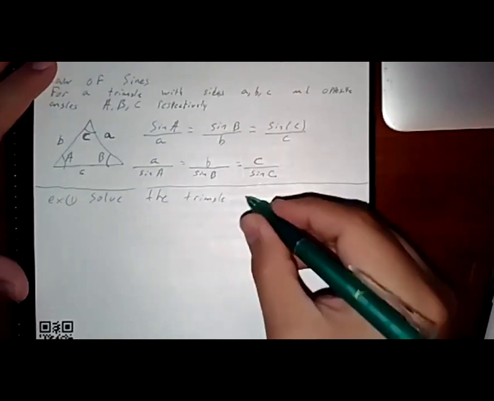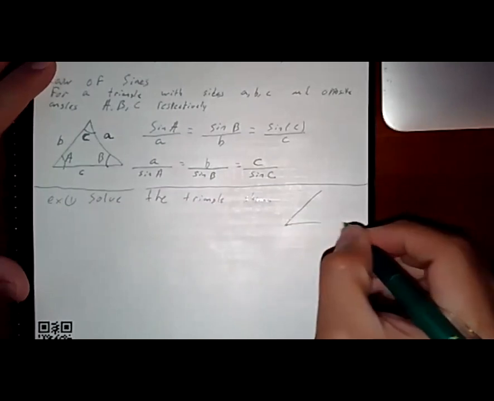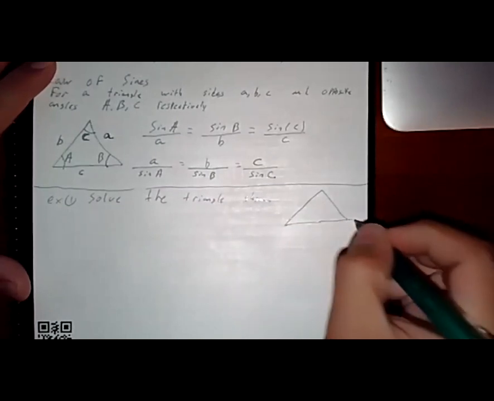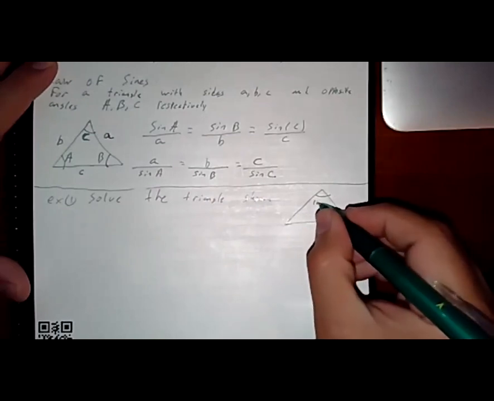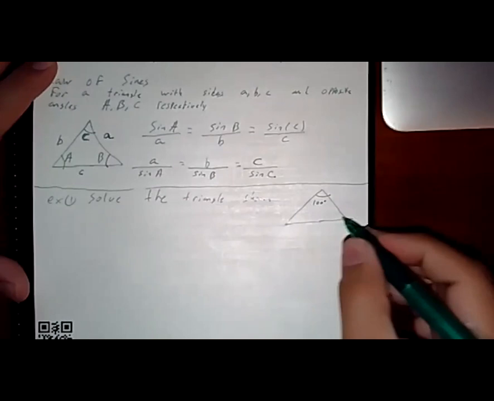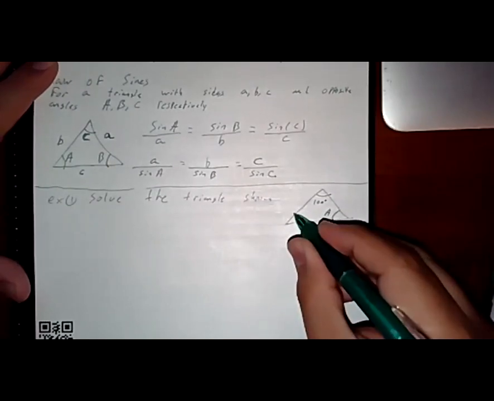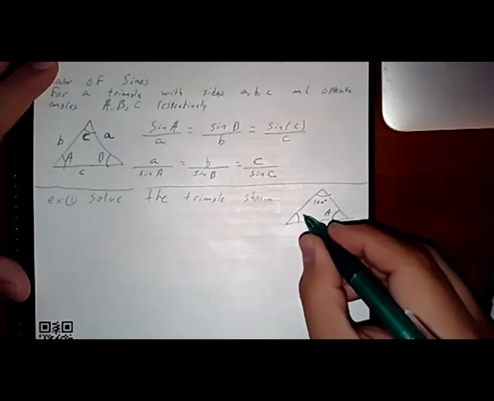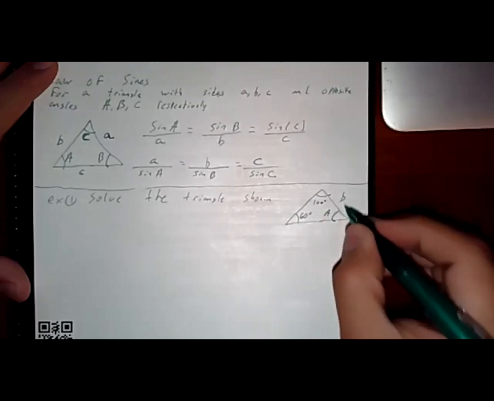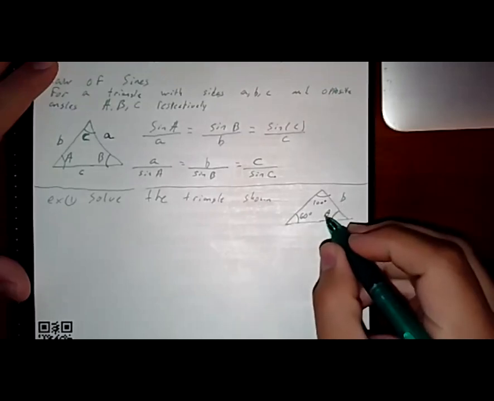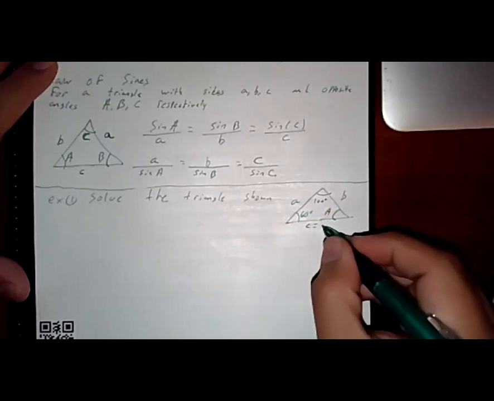So in this example, I'm just going to give you the picture. Because I can't draw, the shape is going to look the same. This upper angle will be 100 degrees. This lower angle here is unknown. This angle here is 60 degrees. This one's little b opposite to B. Little a is opposite to A. Little c will be given as 4.